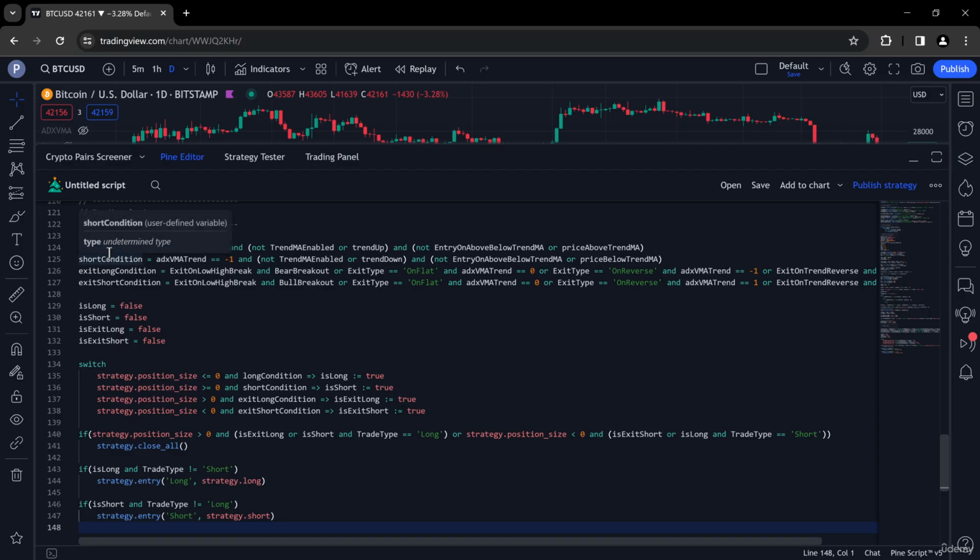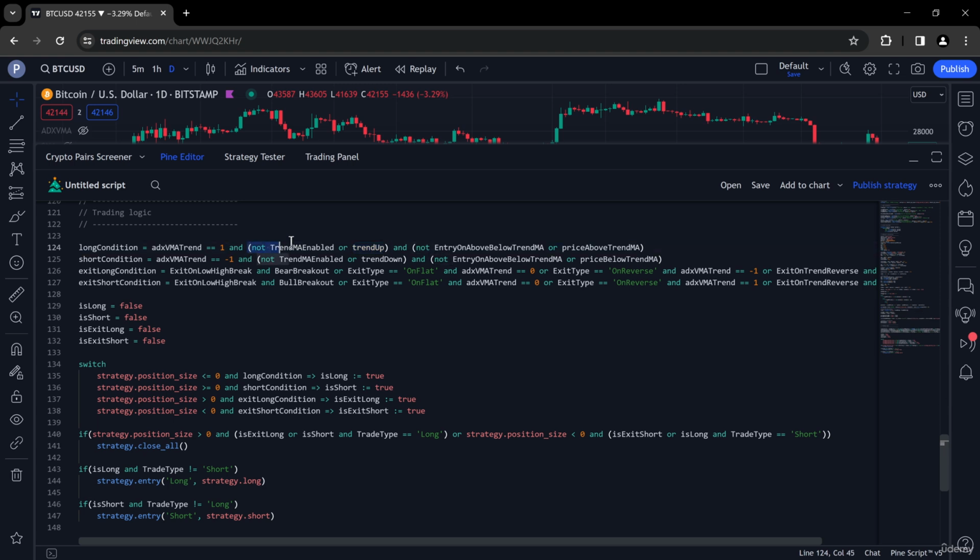So first of all, we calculate long condition based on technical indicators and based on the parameters of this strategy. We are evaluating ADX VMA trend whenever it's bullish, and also whenever trend MA is enabled, and then we are evaluating whether the trend is up.